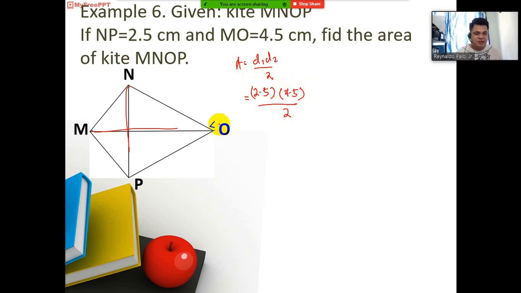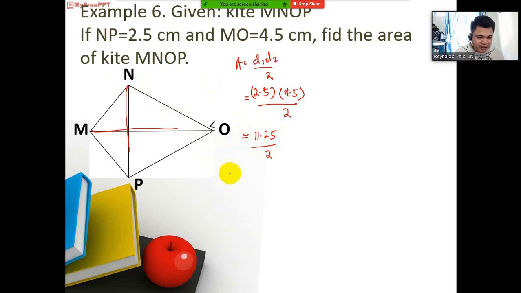Next, we multiply 2.5 and 4.5, which is 11.25. Then divide it by 2.